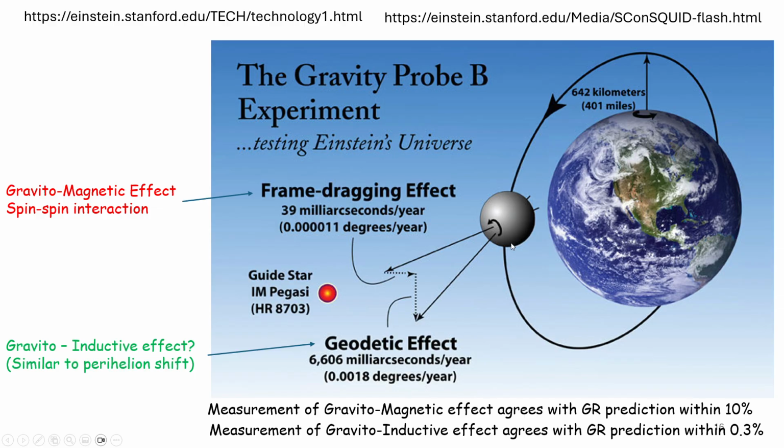So the opposite sides will exhibit a different centripetal force, and that will cause, equivalent to our analysis of the perihelion shift, a different inductive force on the opposite side, which will then in turn cause a torque. So that is my hypothesis. Qualitatively, it works, but I have not checked it numerically or quantitatively.